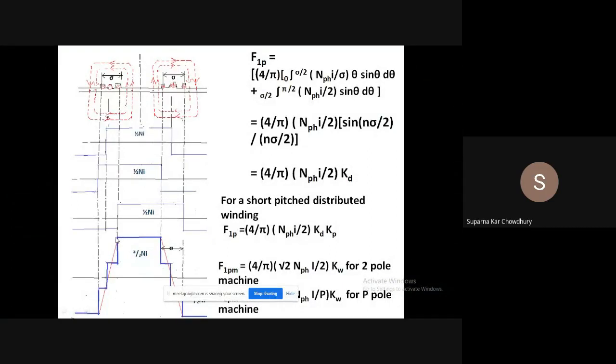And from here up to this we have integrated, because then it is repeated. Then from sigma by 2 to pi by 2, this is constant, N phase I by 2 sine theta d theta.